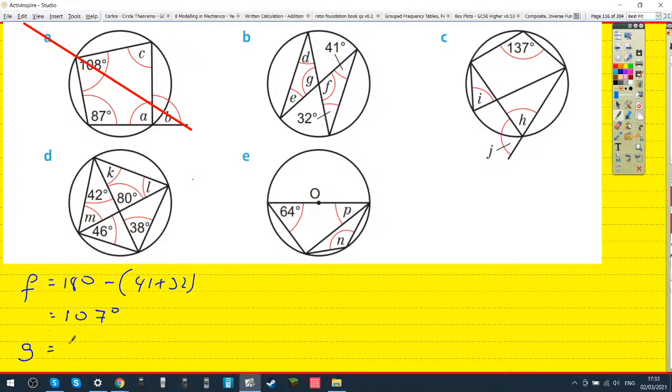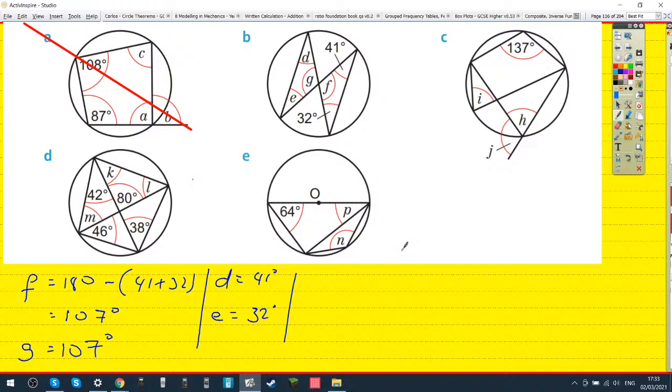G is 107 as well. Okay. So then, are they just all the same? So what do you mean? What would be D? Would D be 41? Yep. D is 41. And E? 32 degrees. That's it. Okay, question C.